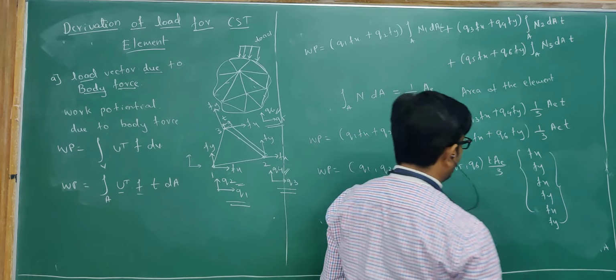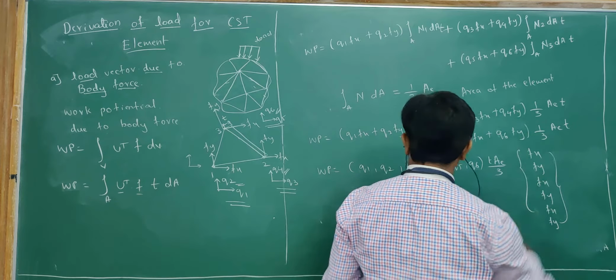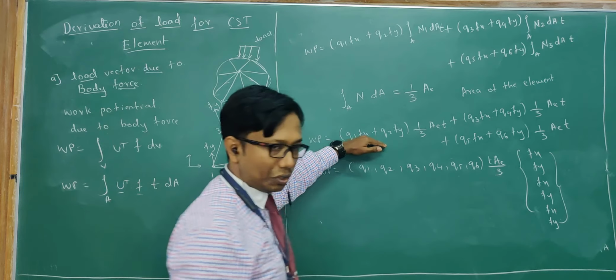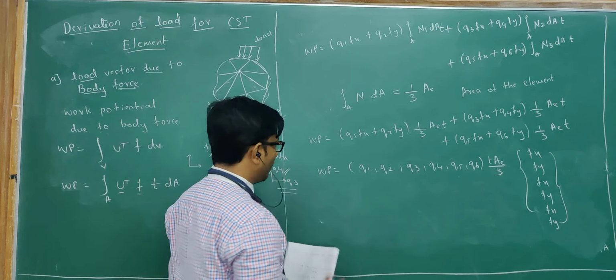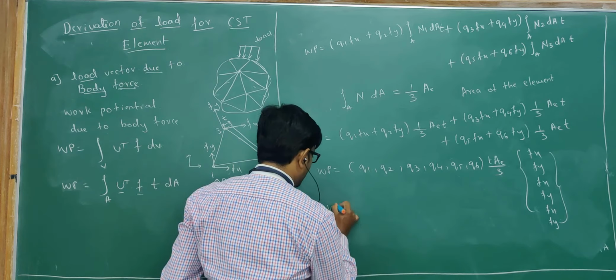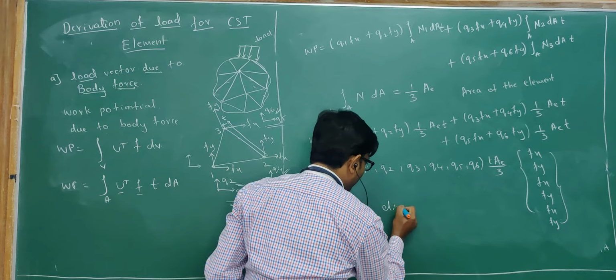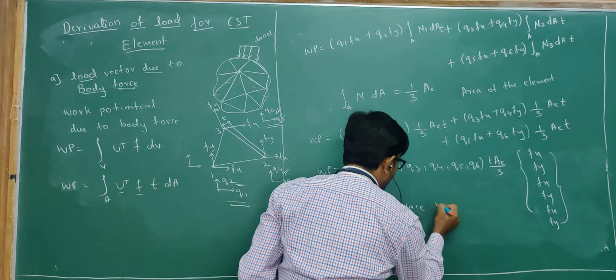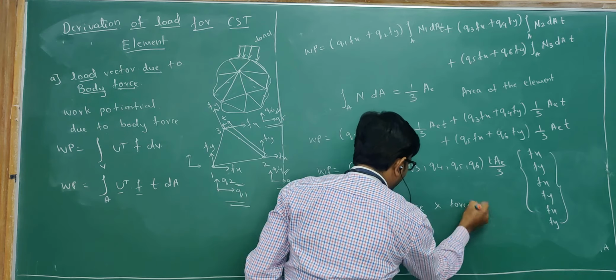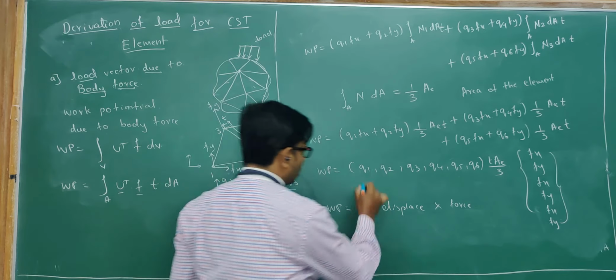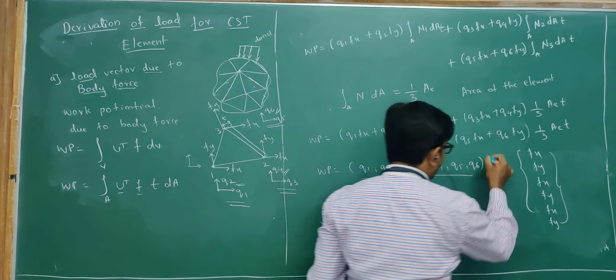So this will be the matrix form of the above equation. When you see this particular equation, work potential is nothing but force into displacement. So this is displacement, and this is the force parameter.